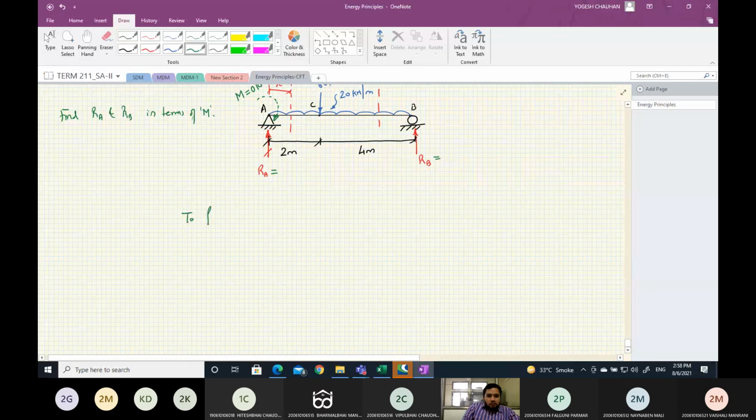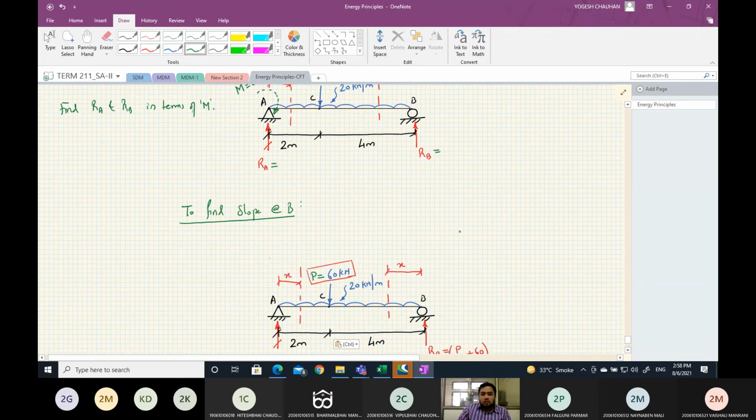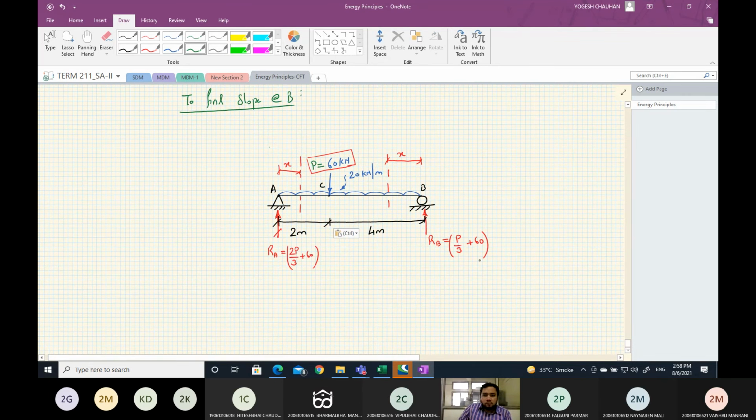Then to find slope at B, you apply a moment here, moment at B, which will be equal to 0 kilonewton meter.